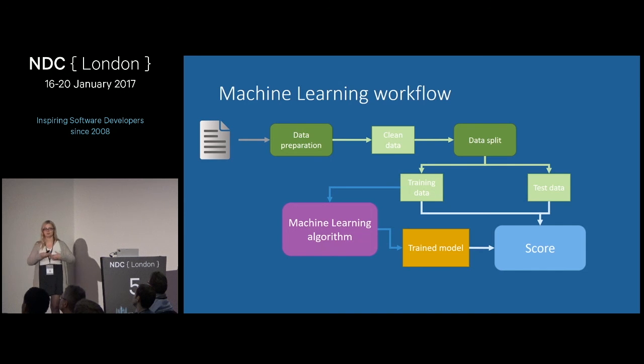So you need to clean them. You need to think of which features are significant, which features you need to get rid of, which are redundant or correlated. So maybe you can get rid of some for the computation savings. And then once you have them, as I said, you're splitting the data on a training and testing data set.